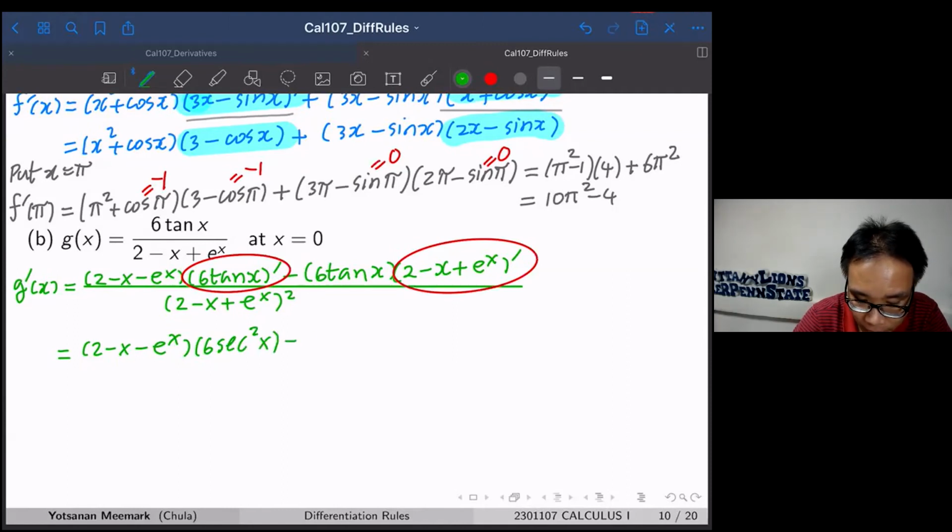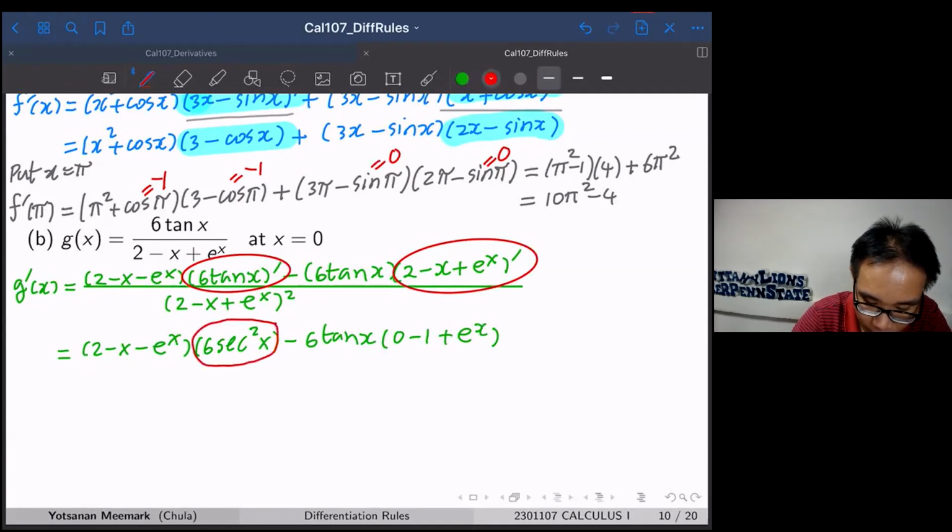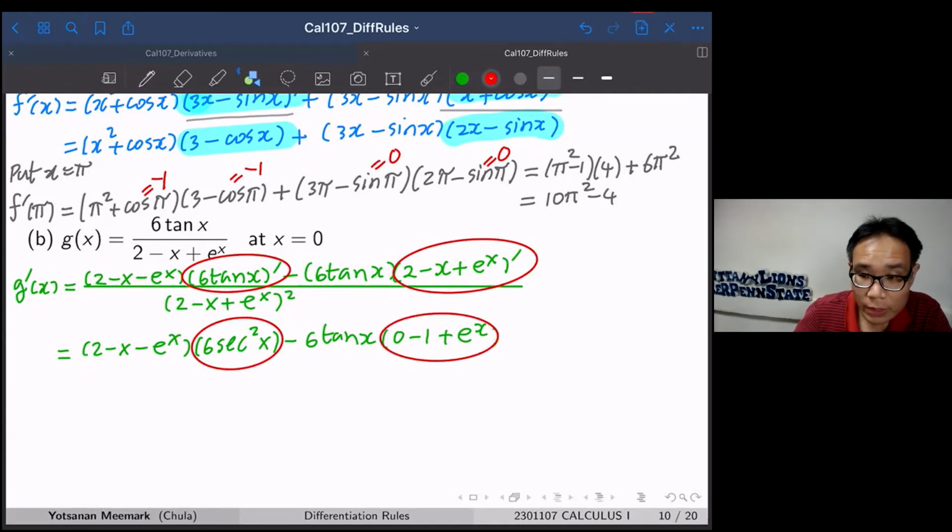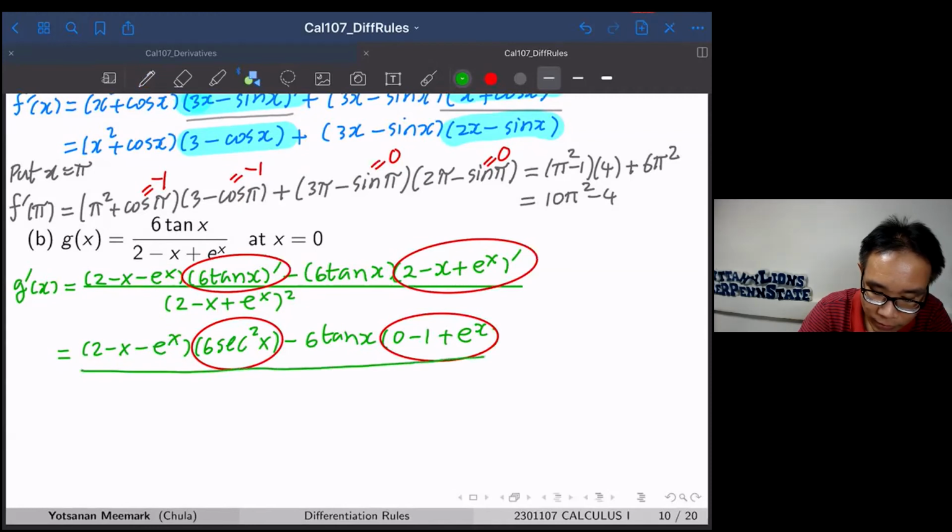And you have minus 6 tan x times the derivative of 2 minus x plus e^x, so it's going to be 0 minus 1 plus e^x. Everything is over the bottom squared.